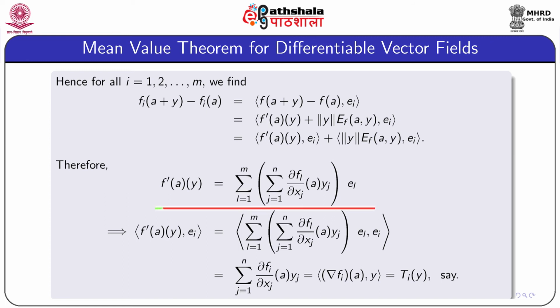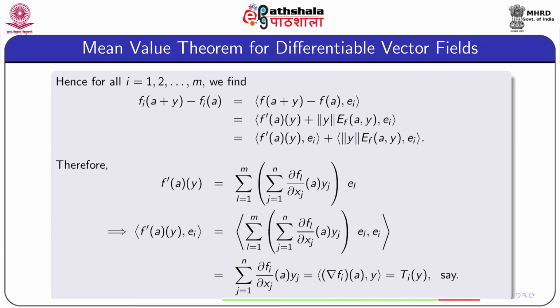Therefore, F'(a) y equals the summation l equal to 1 to m, summation j equal to 1 to n, del Fl by del xj at a, yj el. We take the inner product of both the sides with ei. So, from the right hand side we have the summation j equal to 1 to n, del Fi by del xj evaluated at a, yj, because the inner product ei, ej is nothing but the Kronecker delta i j.